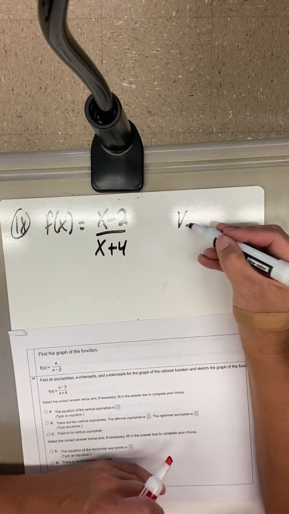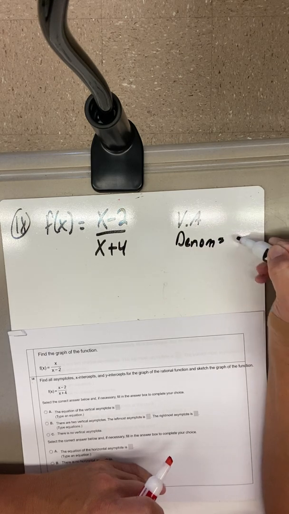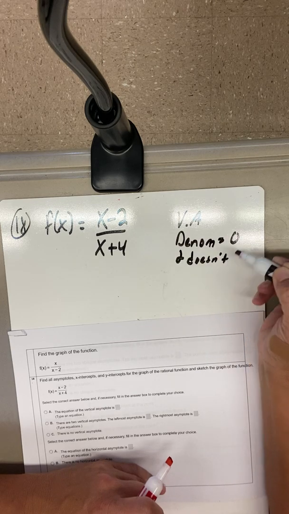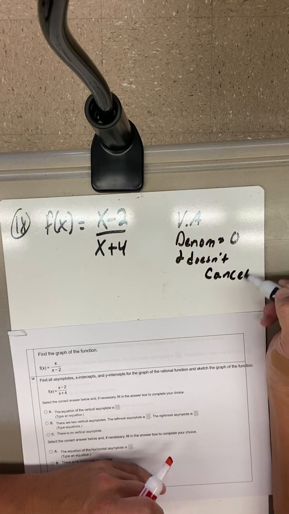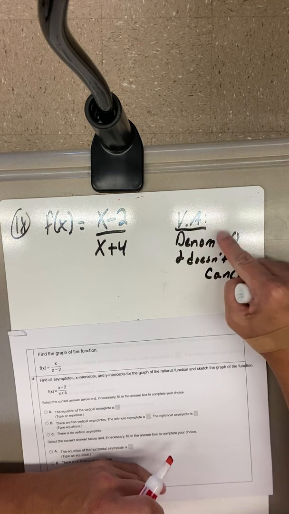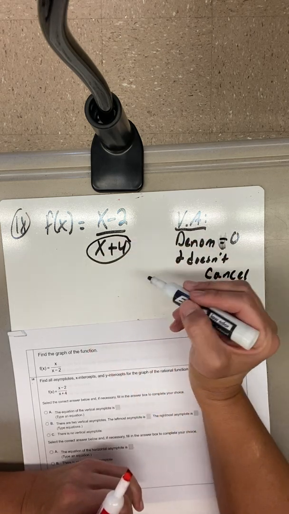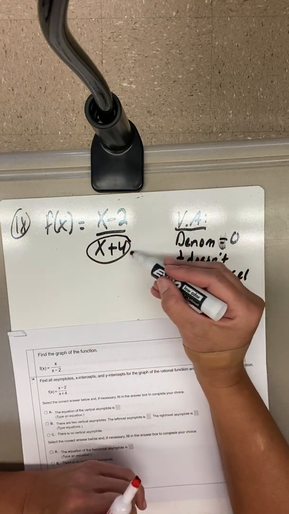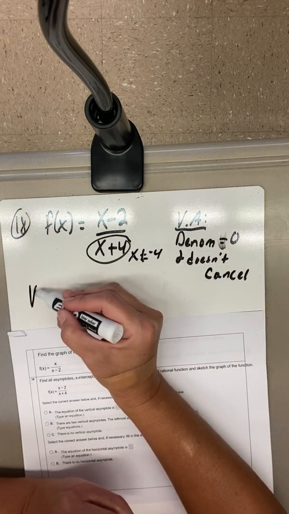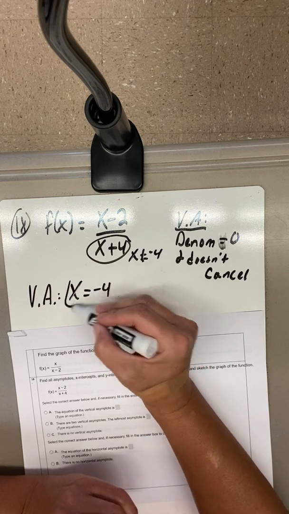You have a vertical asymptote when your denominator equals 0 and it does not cancel. So when will our denominator be 0? At -4. That's a domain restriction: x can't be -4, because there's a vertical asymptote there. So we have a vertical asymptote at x equals -4.